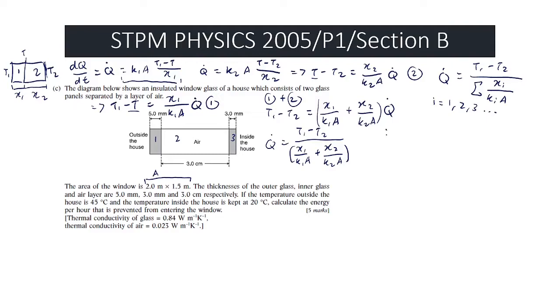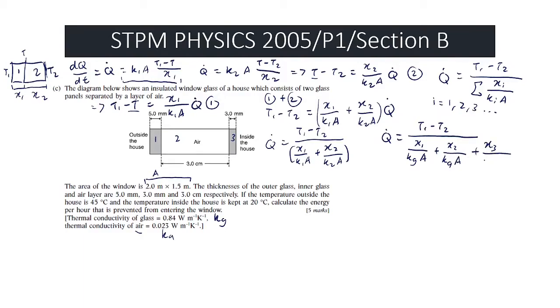So for us it is the same formula, and we can write down x1 over kg A, plus x2 over ka A, plus x3 over kg A. For this g, I refer to the thermal conductivity of the glass, which I call kg, and A is the area. This ka refers to the thermal conductivity of air.